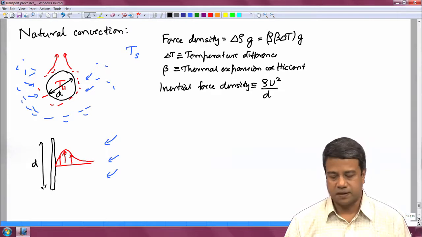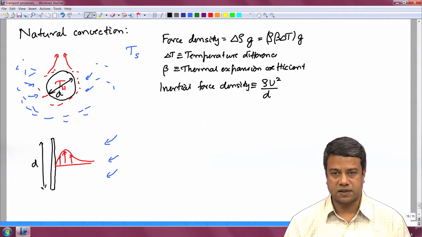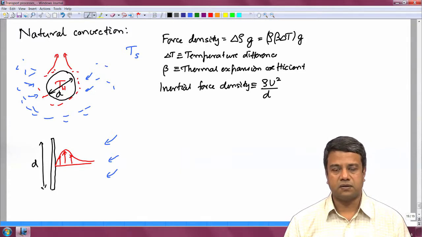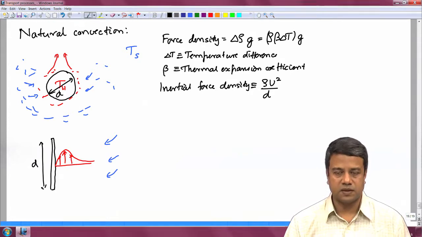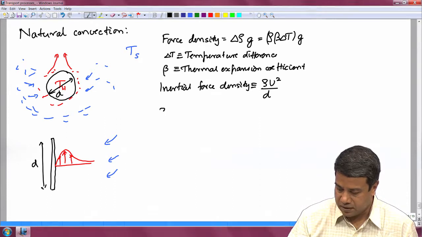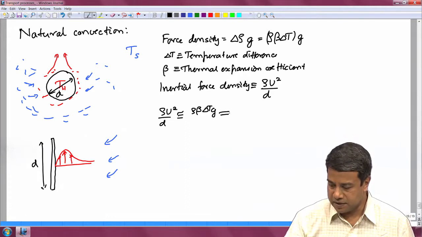And by balancing this inertial force density with the force density due to the temperature difference, the thermal force, the buoyancy force density, we can estimate what is going to be the velocity that is generated due to the force exerted by buoyancy due to the temperature difference. So, therefore, I will get rho u square by d is rho beta delta T g, which gives me a velocity scale.